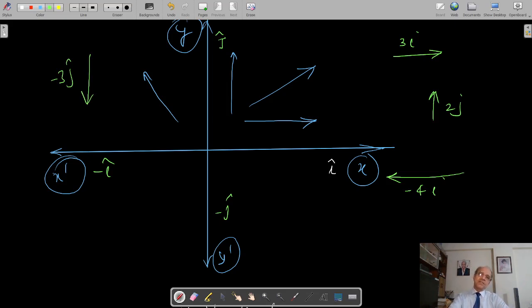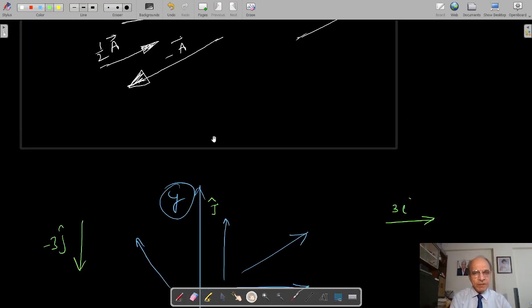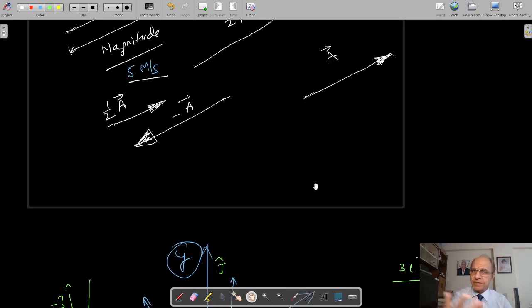So instead of writing east, west, north, or south, we will be writing I and J. I means towards the positive side of the x-axis, minus I towards the negative side of the x-axis, J towards the positive side of the y-axis, minus J towards the negative side of the y-axis. Of course, sometimes we will also be using the words east, west, north, and south.